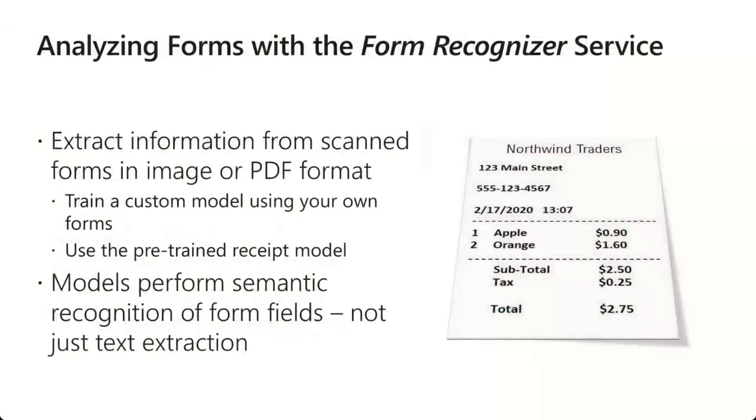And last but not least is analyzing forms. So the form recognizer service offers more than just detecting and extracting text. It enables you to use models that understand the form fields, for example, identifying specific types of data such as addresses, phone numbers, dates, times, quantities, and then understanding the relationship between the field labels and values.